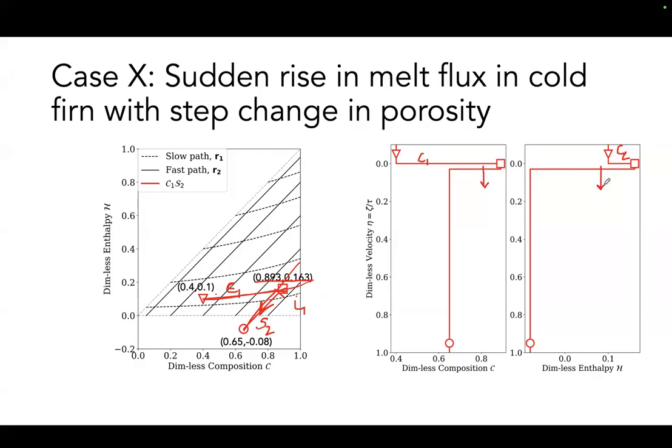Bear in mind that the colder the Firn is, the smaller that speed will be, because you need to freeze a good amount of water, and that lost water will reduce the flux of the melt. So the colder the Firn, the smaller the speed of this percolation. So this is C1S2 with S2 going down.